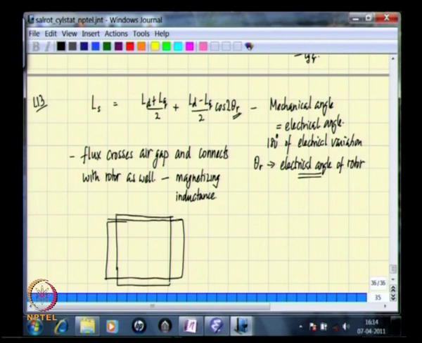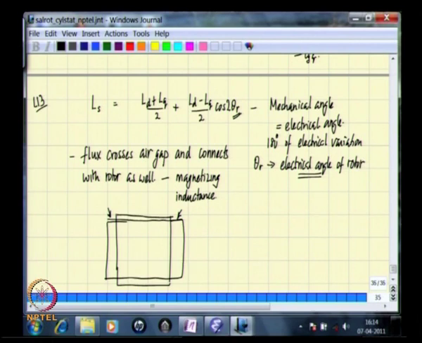So, you have stator winding that lies outside the stator as well, and the flux produced due to this part of the stator winding will not be linking or going through the rotor, and therefore, such flux lines are not really considered in the expression that we have derived.